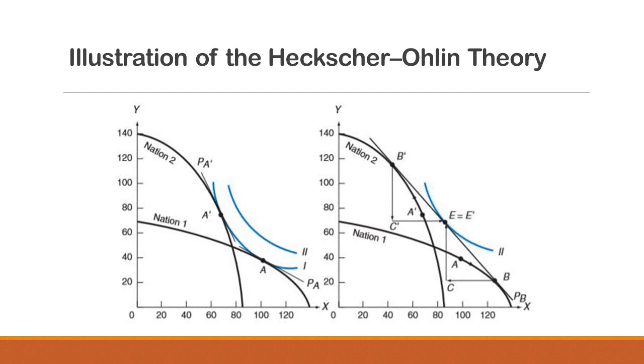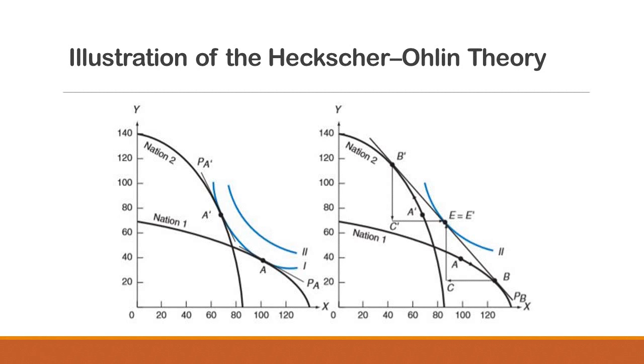From the figure you can see that nation 2's import is C dash E dash units of commodity X, and nation 2 exports B dash C dash amount of commodity Y.